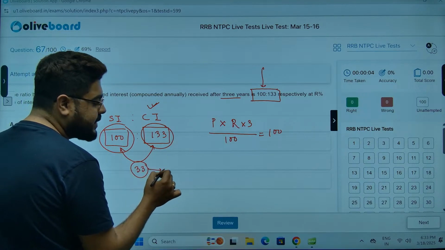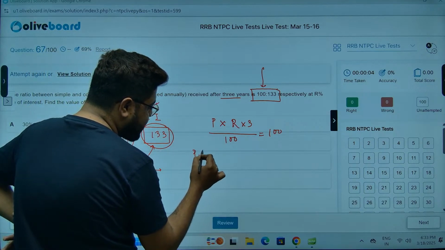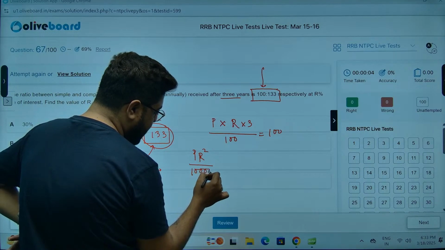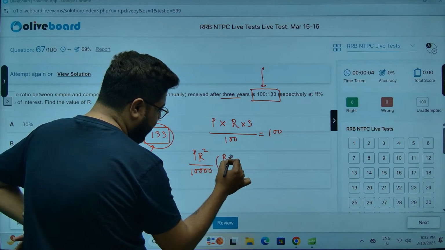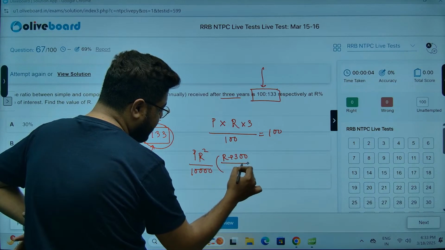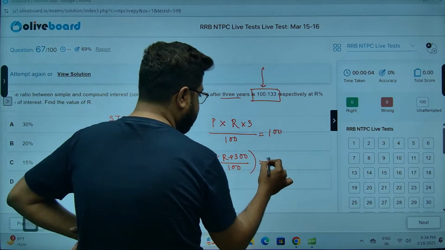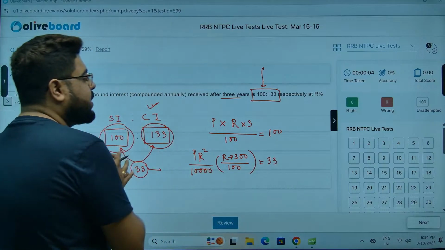For 3 years there is a formula: PR square by 10,000 into (R plus 300) by 100 is equal to 33.